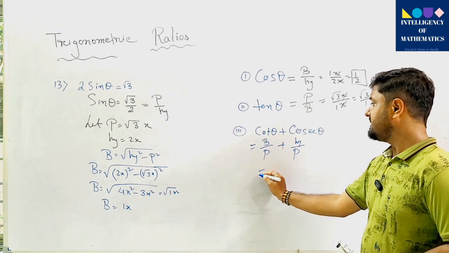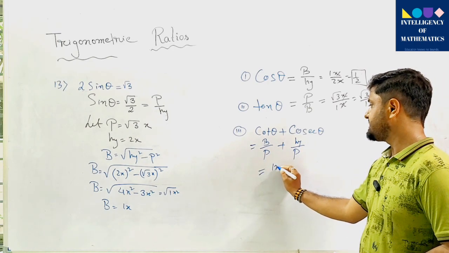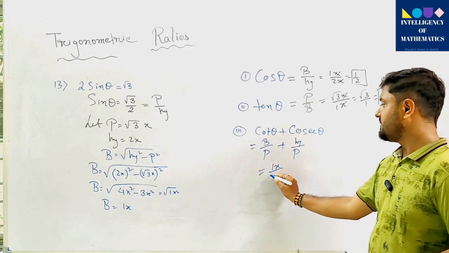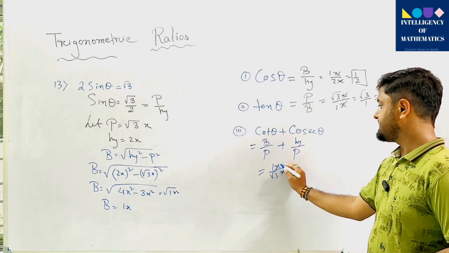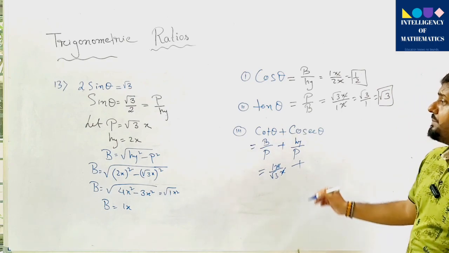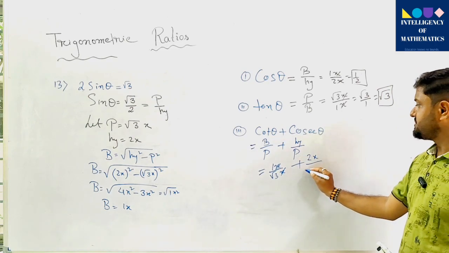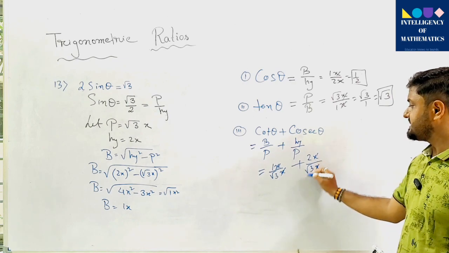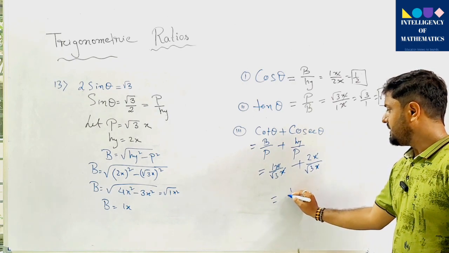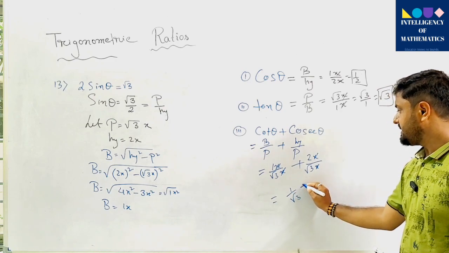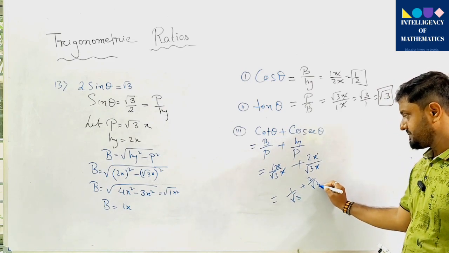You can put the values. Base is how much? 1x. Perpendicular is how much? Root 3x. X cancel. Here also hypotenuse is 2x, perpendicular is root 3x, x cancel. So finally we are getting 1 by root 3 and here 2 by root 3.